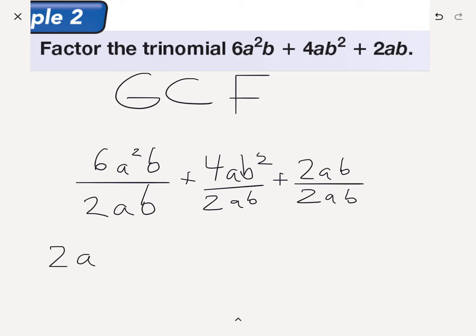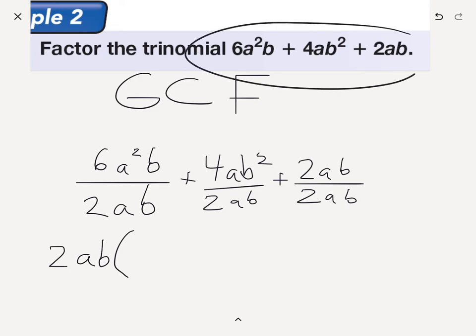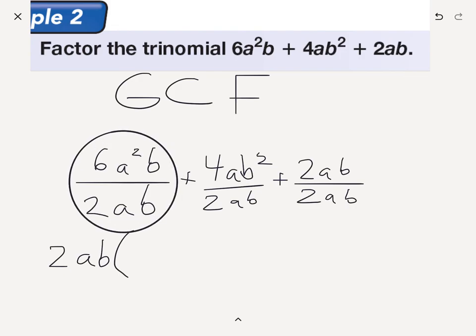We can write an equivalent statement that is still true by saying 2ab times each of these factored values will end up equaling the same statement as we started with. So 2ab times, looking at the first one, 6 divided by 2, spoilers, is 3.